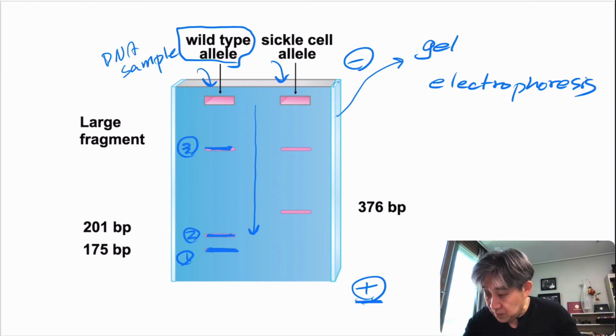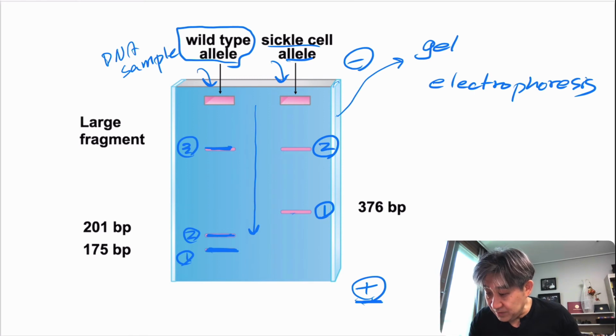There are 3 different fragments that you can detect on this so-called gel electrophoresis, whereas in the sickle cell mutation-carrying individual's sample, you have 2 fragments, fragment number 1 and fragment number 2.